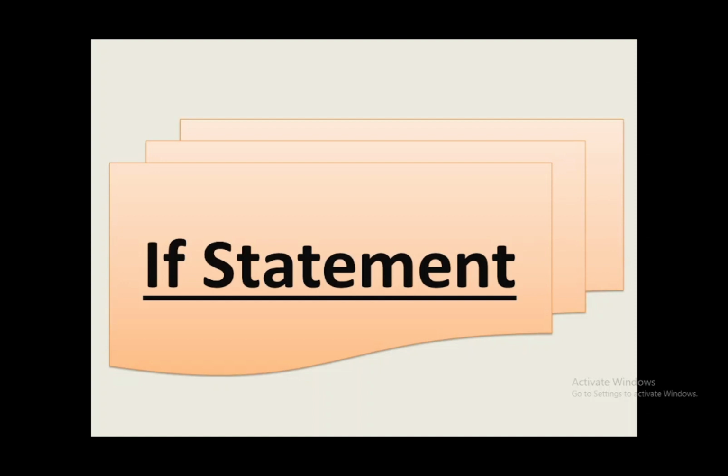It contains a body of code which runs only when the condition given in the if statement is true. If the condition is false, then the optional else statement runs, which contains some code for the else condition.